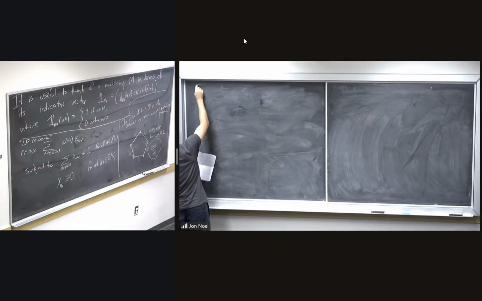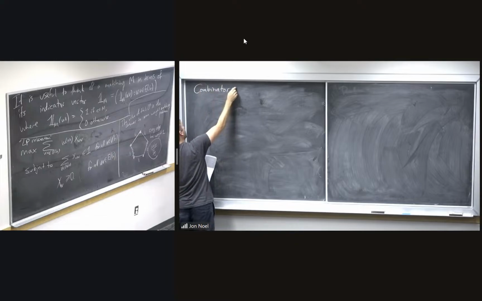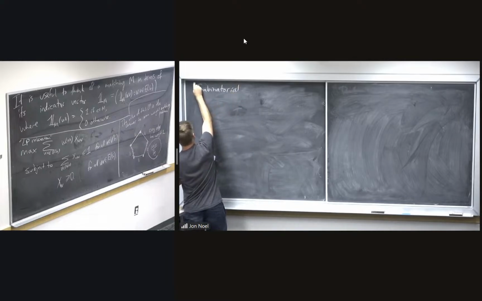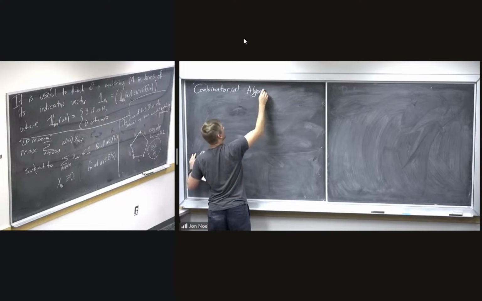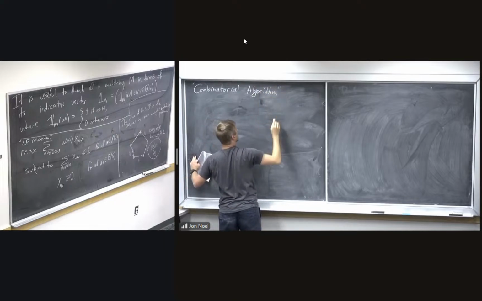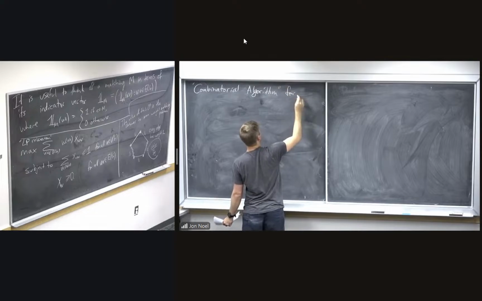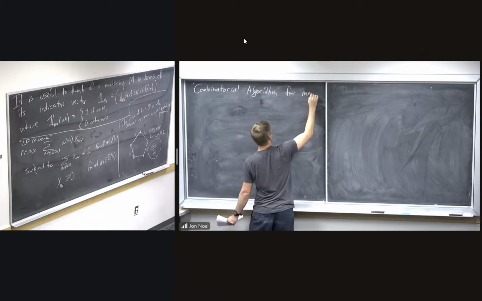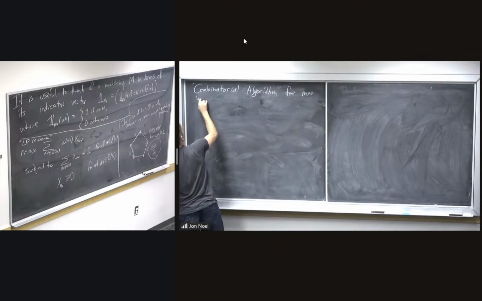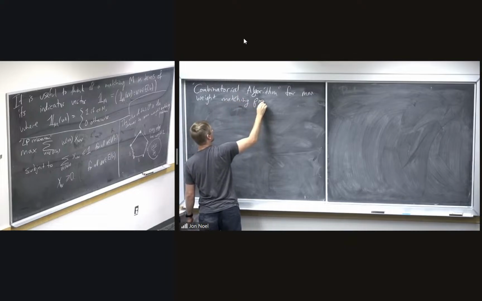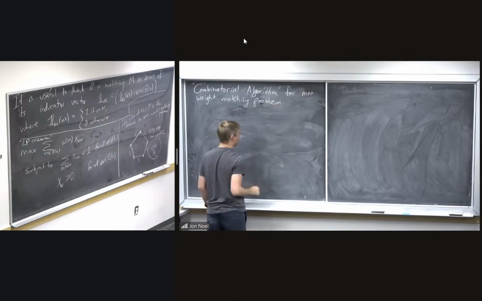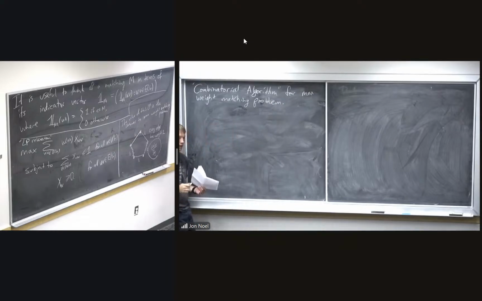So we're going to give a "combinatorial" algorithm for the max weight matching problem. I don't know if there's a good definition of what a combinatorial algorithm is.